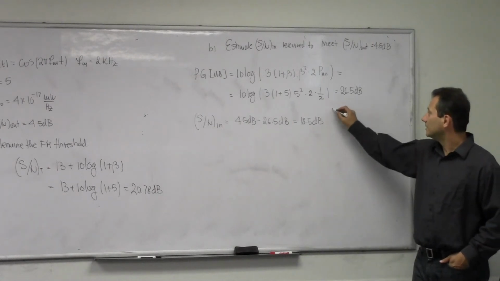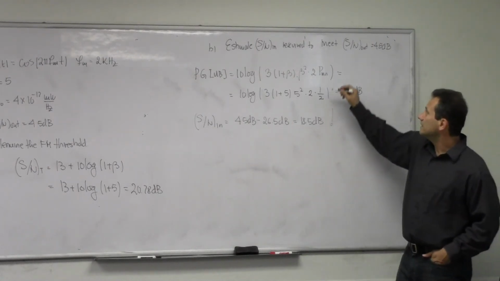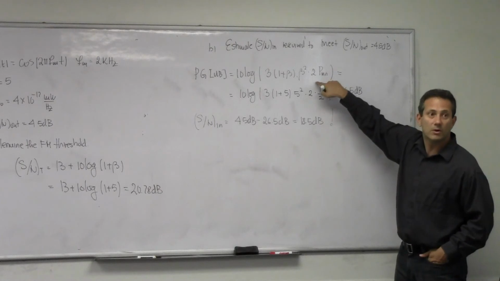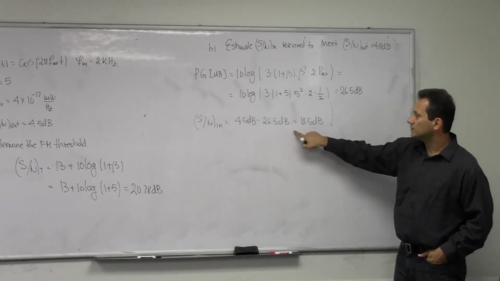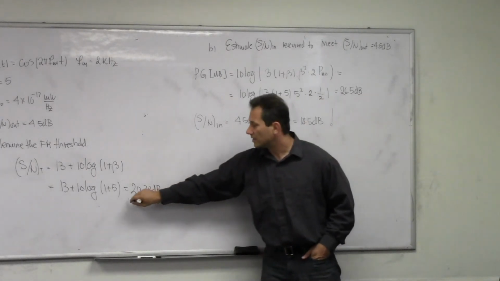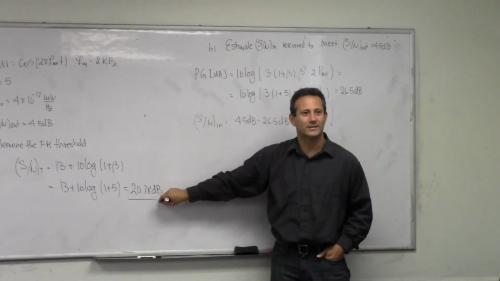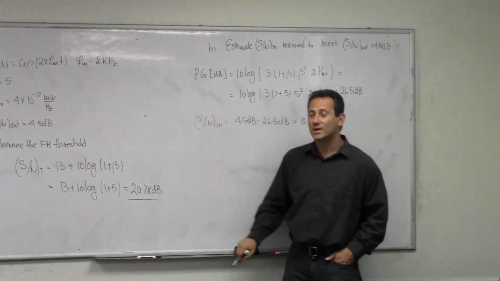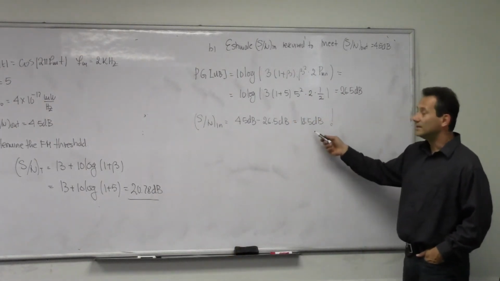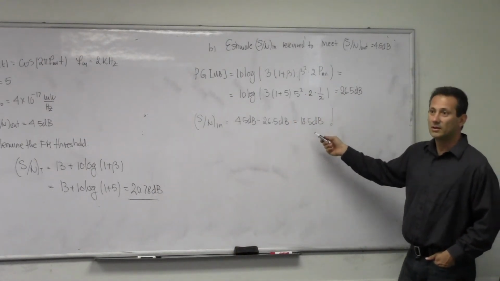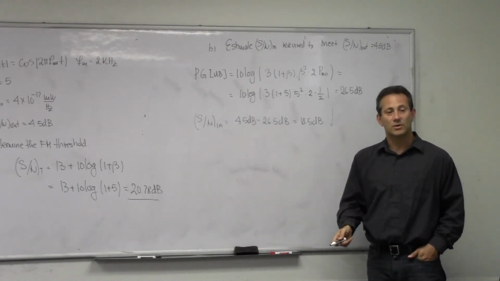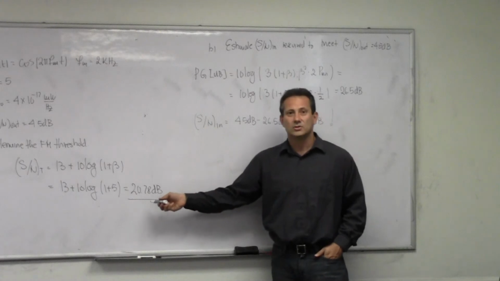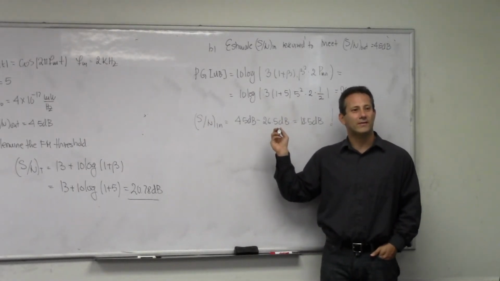That's the biggest mistake, the most common mistake. This equation here for processing gain is only true if the result that you obtain here is larger than a threshold, right? So now you look at this and you can say, okay, it cannot be this low. The lowest that the signal to noise ratio can be and this system works properly is this. So this system cannot give you 45 dB.